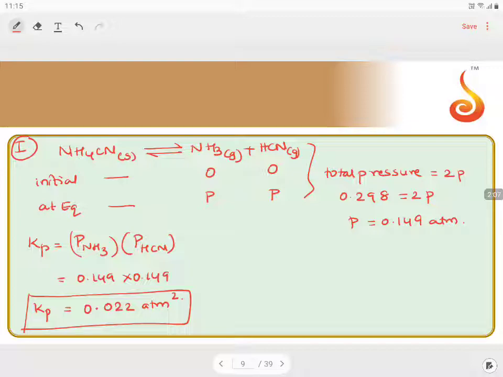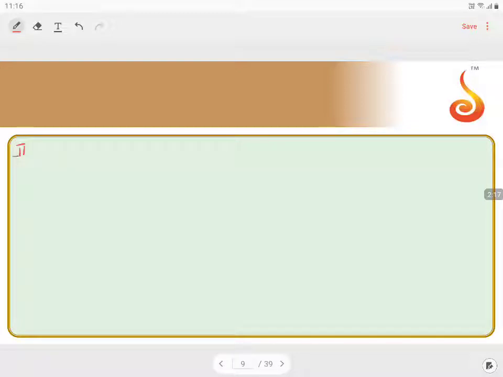Using the same Kp, now we are going to find the second step, where 0.25 atmosphere ammonia is already present before the start of the reaction. Now the second step, NH4CN again decomposing to give NH3 plus HCN.